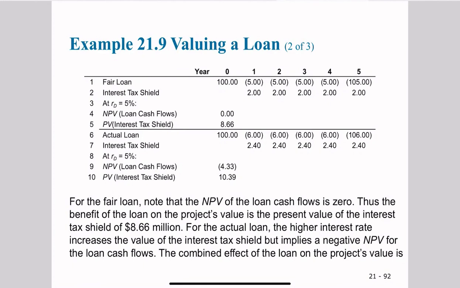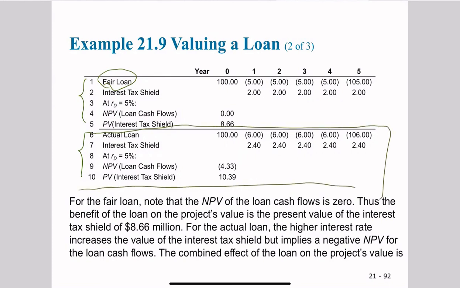So you can see that the problem discusses 2 cases. The first case is the fair loan case. That is, we assume the firm is actually paying 5% interest rate. So the second case is the case we just discussed about.